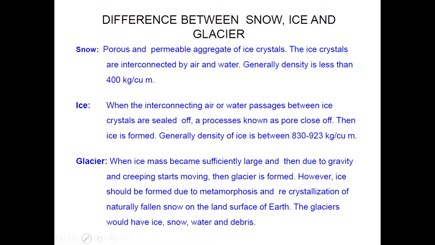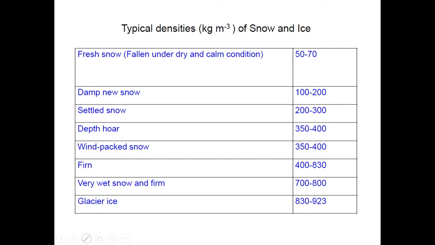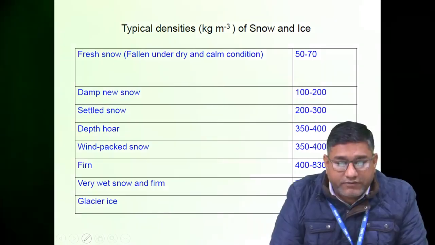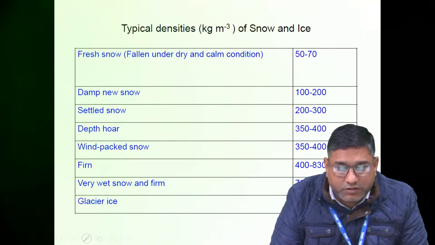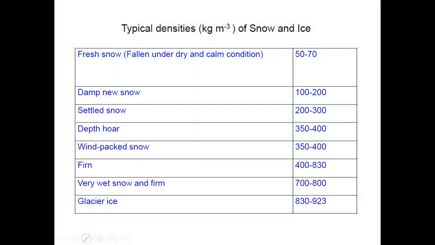Now you can see here there are different types of snow and ice. Freshly fallen snow will have a density in the range of 50 to 70 kg per meter cube, whereas damp new snow will have 100 to 200 kg per meter cube, settled snow 200 to 300 kg per meter cube.